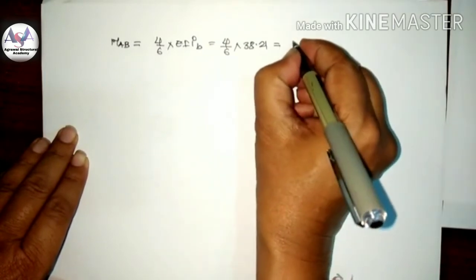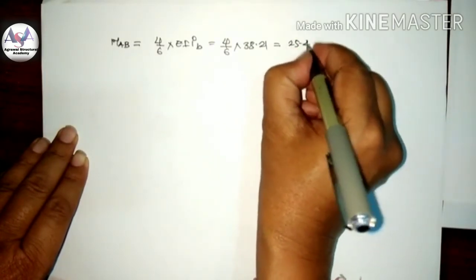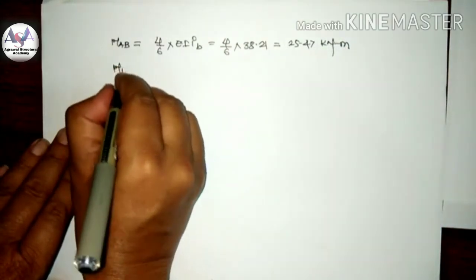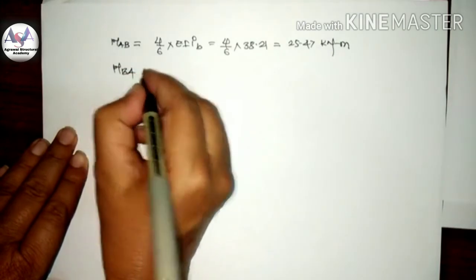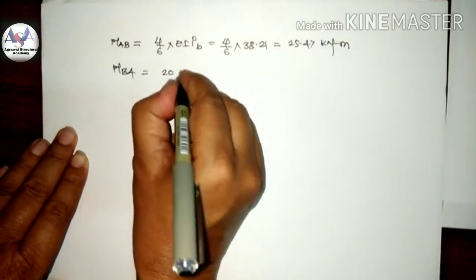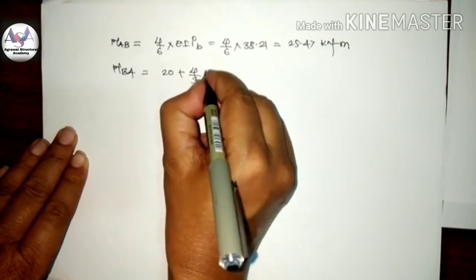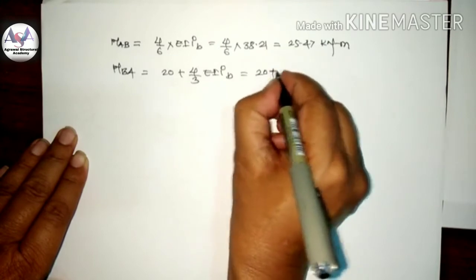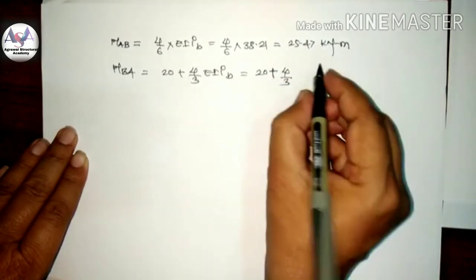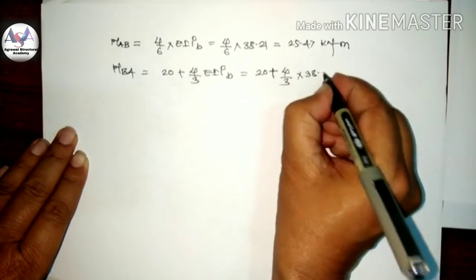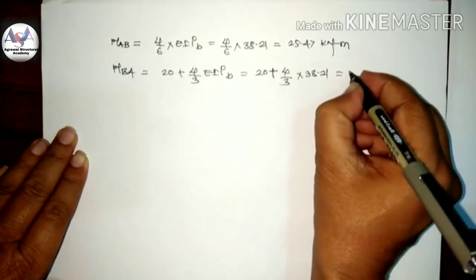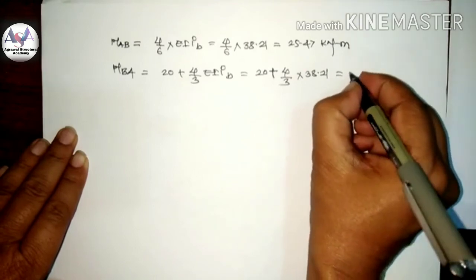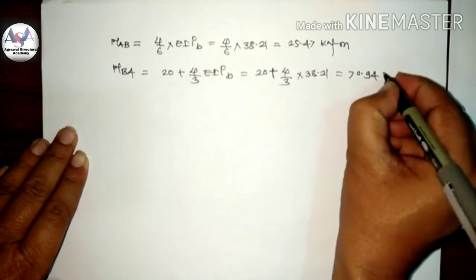So that is 25.47. Then MBA. BA is 20 plus 4/3 EIθB. So here 20 plus 4/3 into 38.21. So the calculation is 70.94.